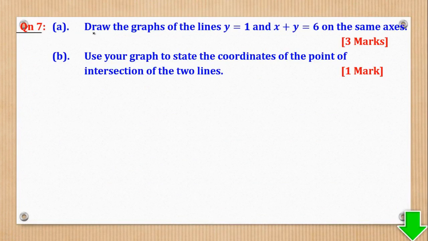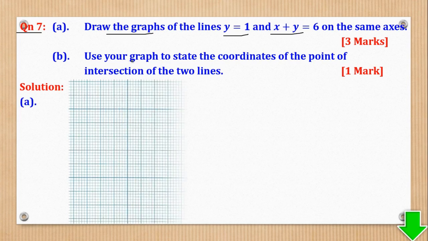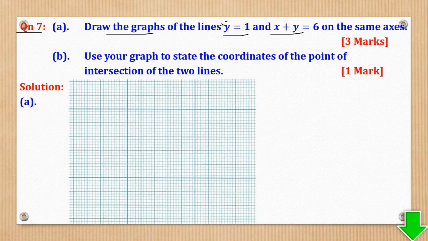It says, part A, draw the graphs of the lines y equal to 1 and x plus y equal to 6 on the same axis. So in this case, we shall need a graph paper. This one is easier to draw, but what about this? We need to get the intercepts.